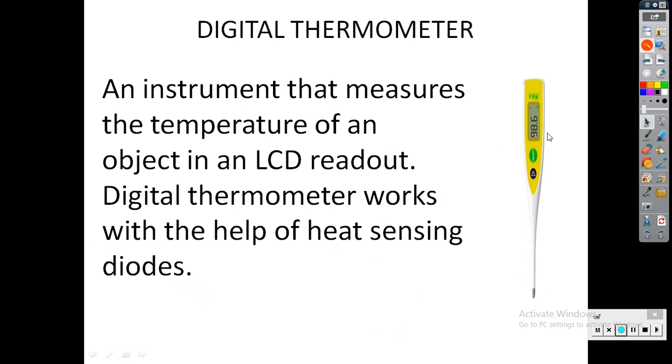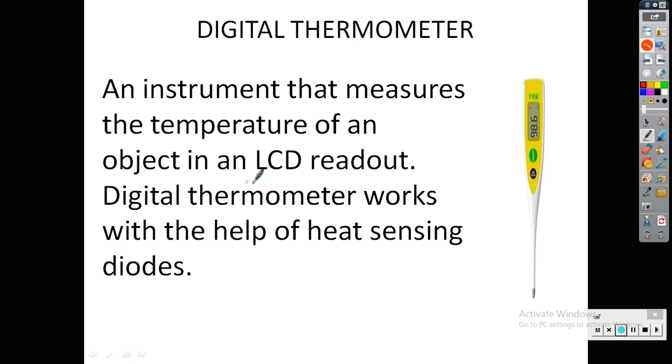This is the digital thermometer. A digital thermometer detects the temperature and shows the reading in the form of an LCD, that is, a digital display. It shows the temperature in the form of digits.